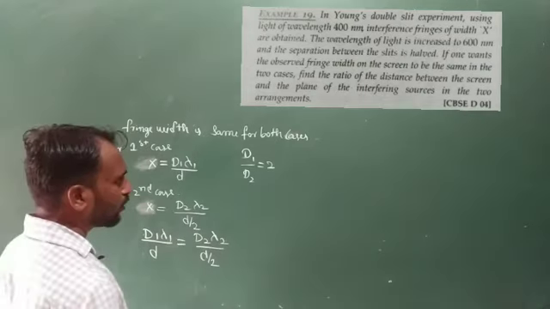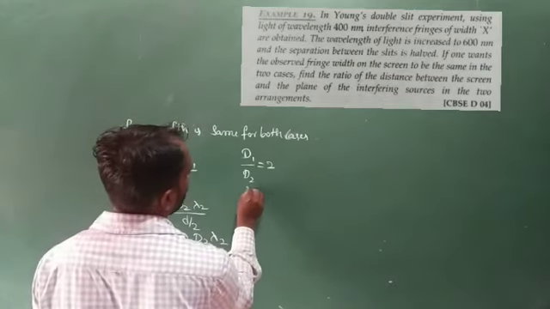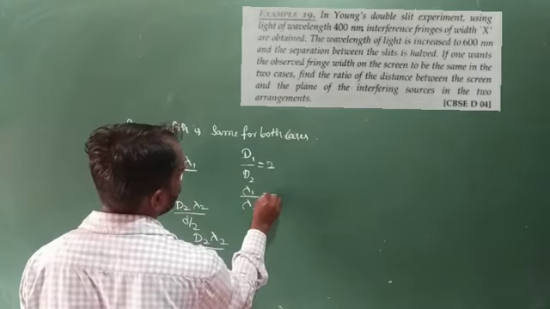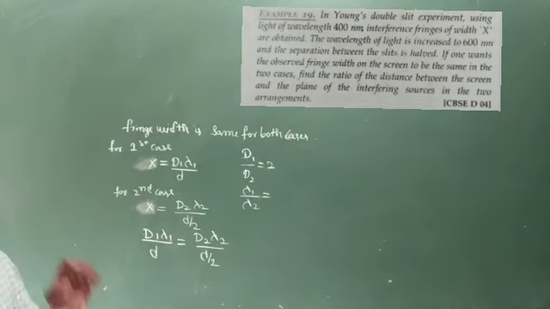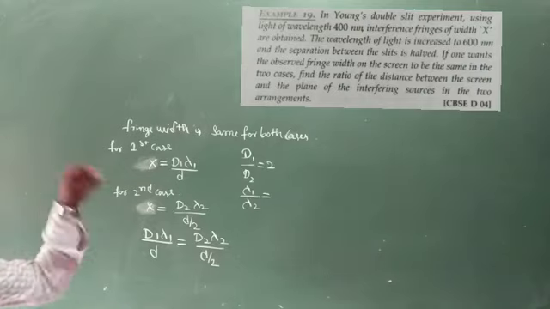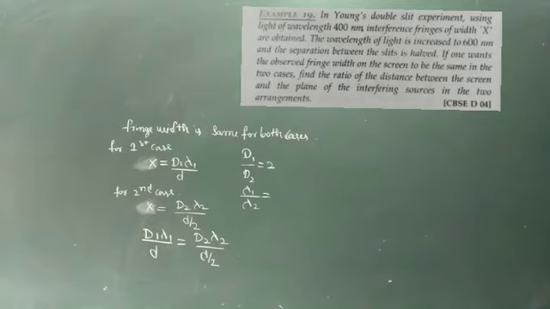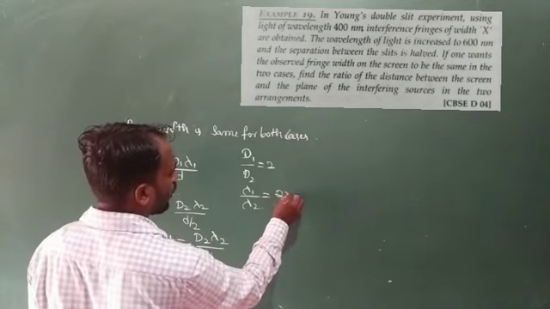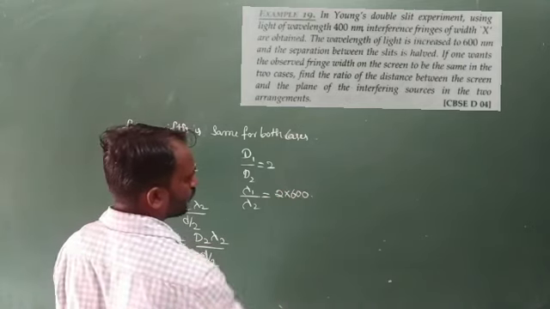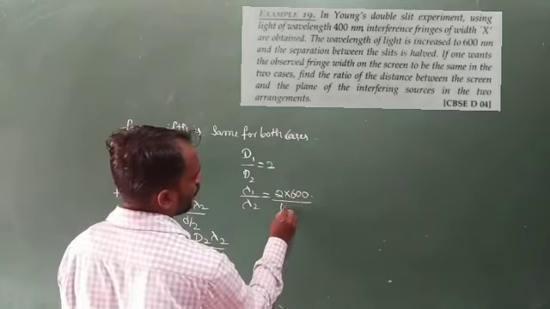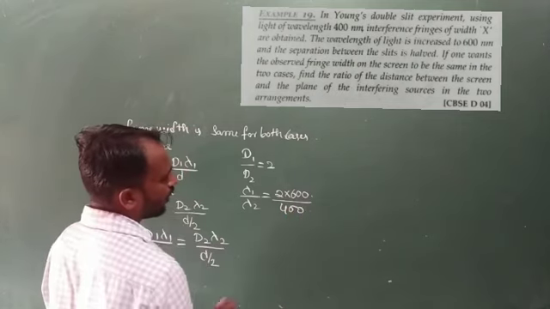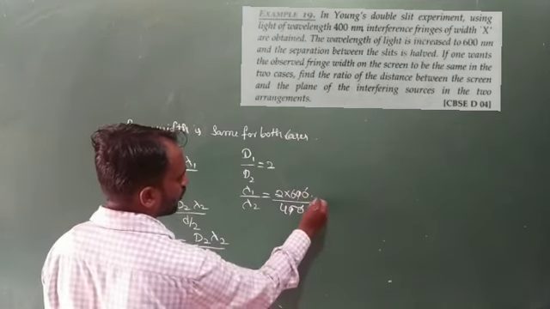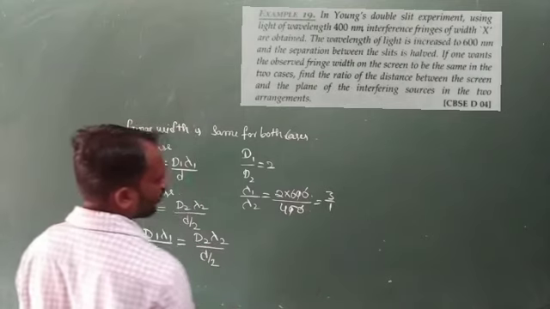Lambda 2 is 600 and lambda 1 is 400, so 2 into 600 divided by 400 gives 3 by 1.